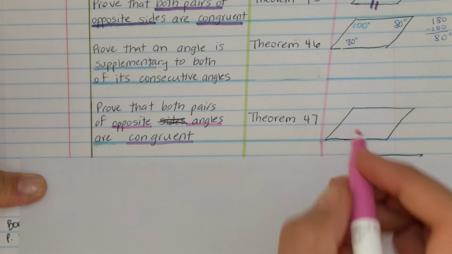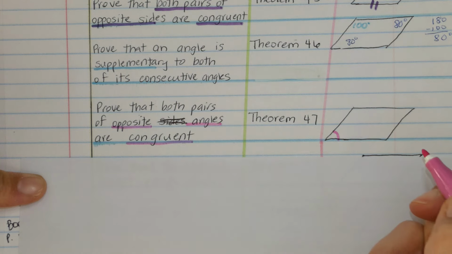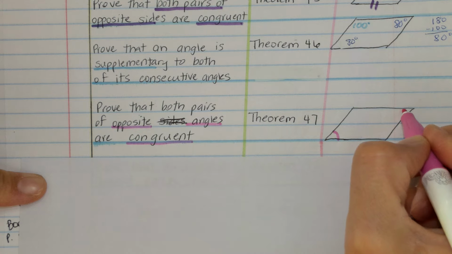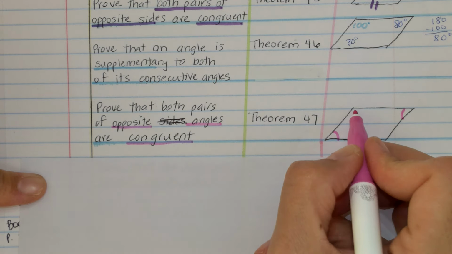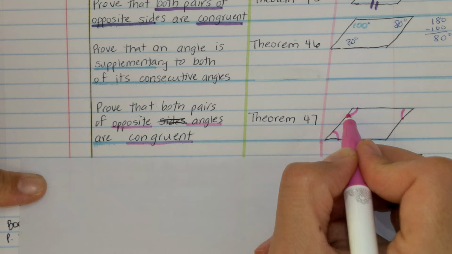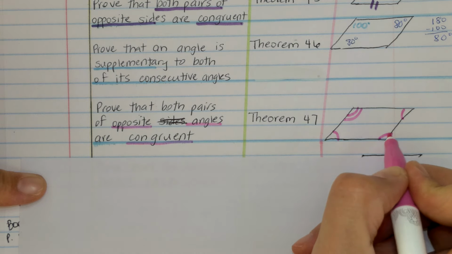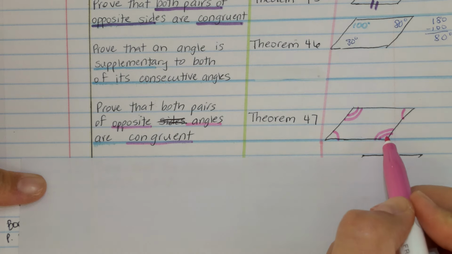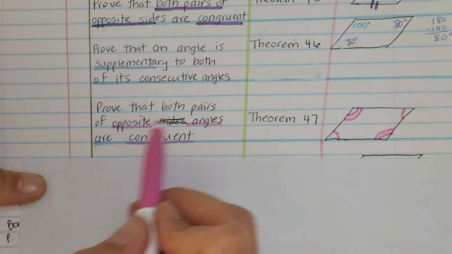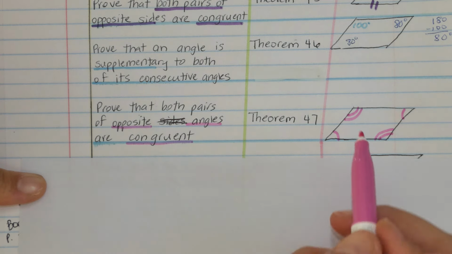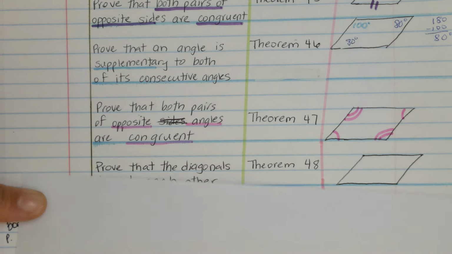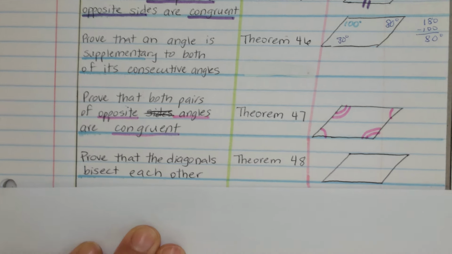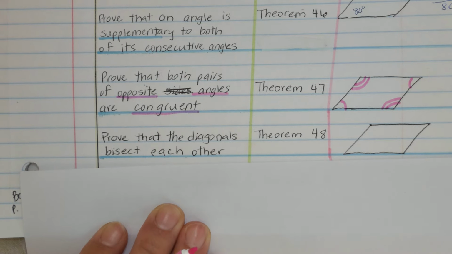One angle would have one arc, and the angle opposite, across, gets the same. The consecutive angles should be supplementary, so they're different. I'll do a double arc there and a double arc here. That's really all that it is. Opposite angles are congruent, and it would look like this. Again, pause if you need to. I'm just going to keep going so you can move at your own pace.